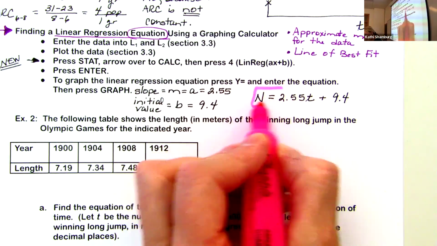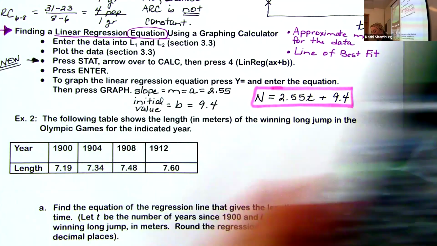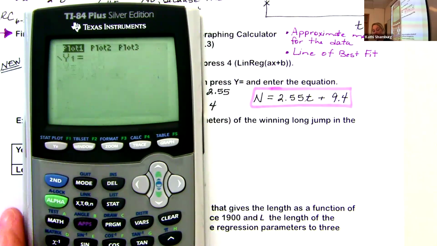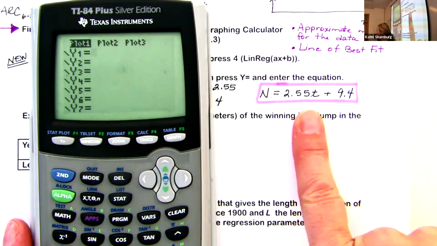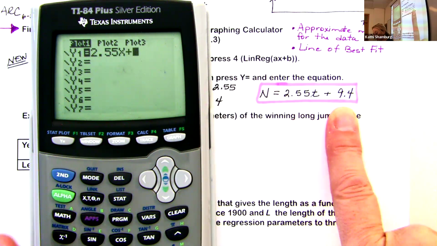Now, let's go ahead. I want you to go to y equals, and I want you to put in this equation, 2.55x plus 9.4, and then what do we push to see what it looks like on our scatter plot?